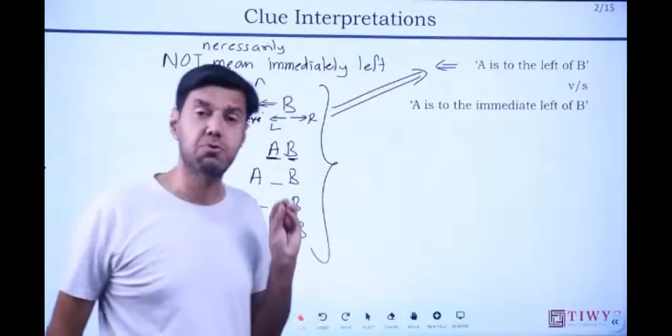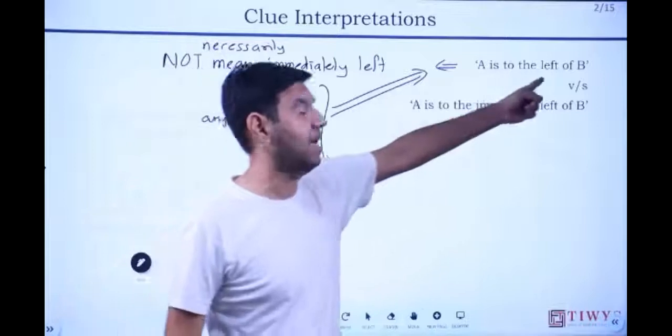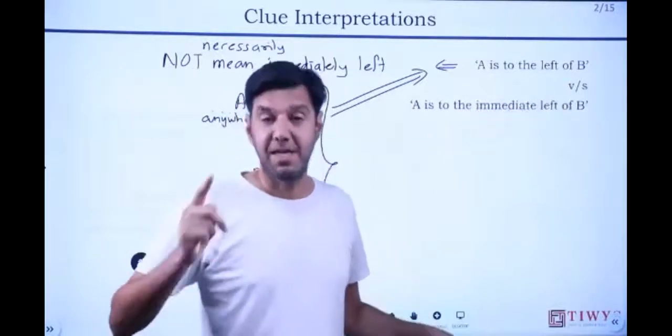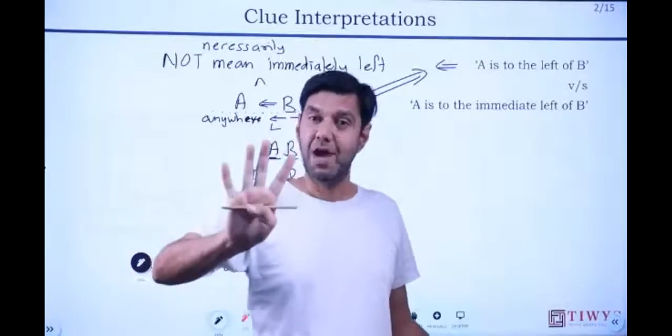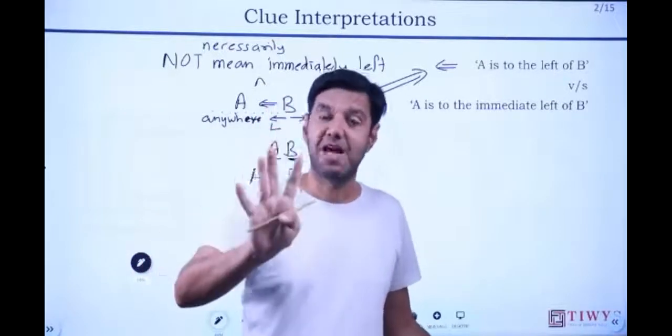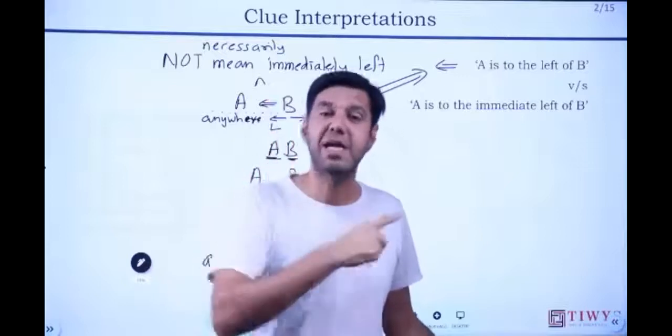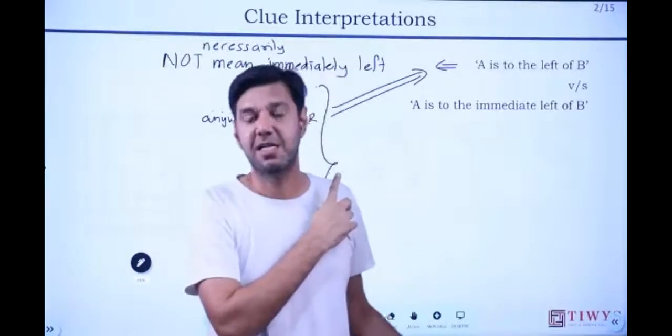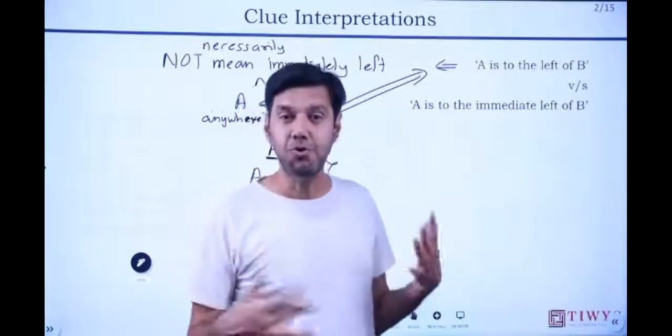Even the best students amongst you are going to make this error of interpreting this as immediately. Yesterday in batch 5, after doing a set for the 5th time, I still made that error, and after 20 years of teaching. Because in the flow, you miss that part.